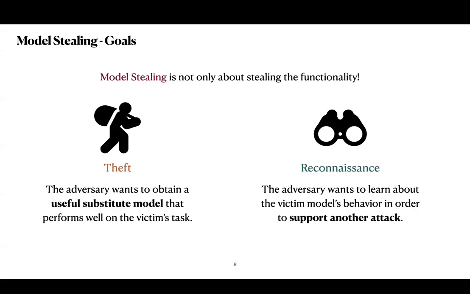But the other version, maybe more interesting, is called a reconnaissance attack. In a reconnaissance attack, you want to learn how this model behaves. If you could steal this model, you have a white box copy of the model on your machine, so you could use it later on to provide more attacks on this model behind the API.